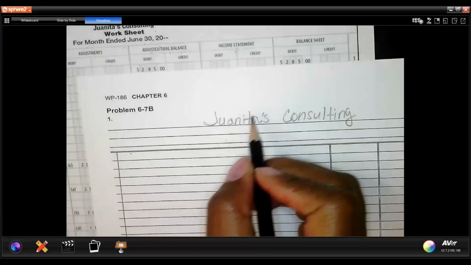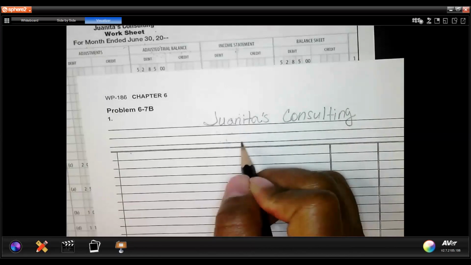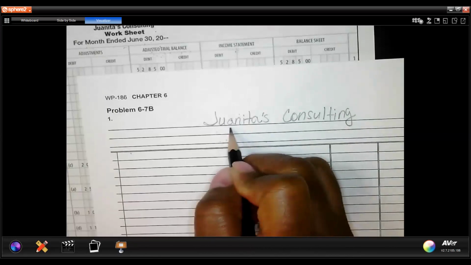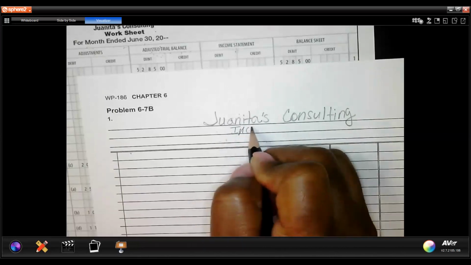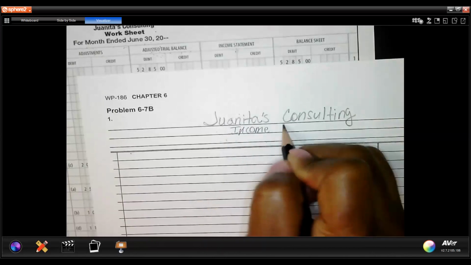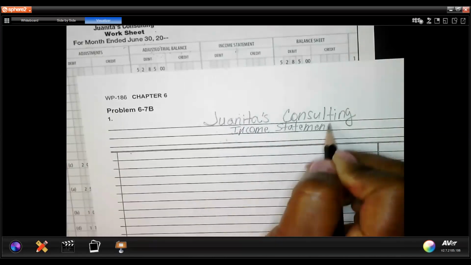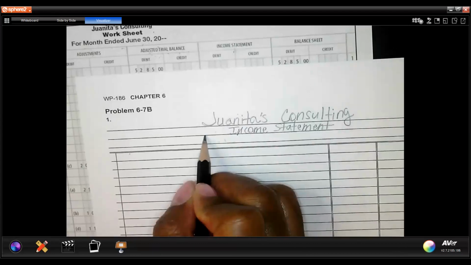Okay, so we have the name of the company, followed by the name of the statement. In this case, it is going to be income statement. So we just make a small indent here and write in income statement. And then we're going to write in for the period.